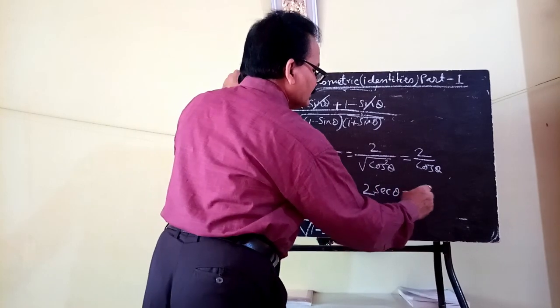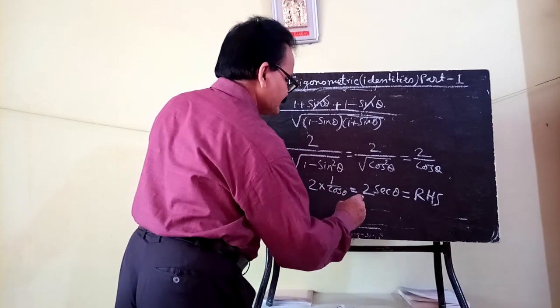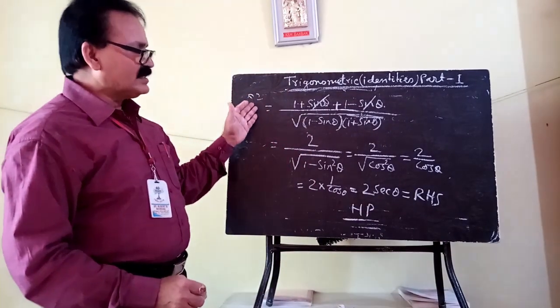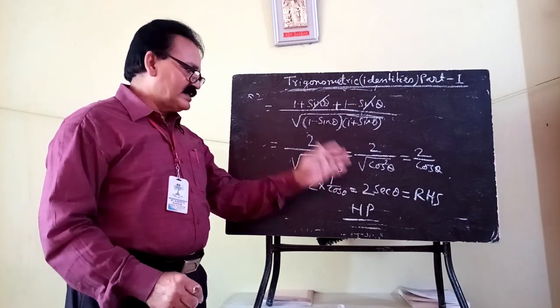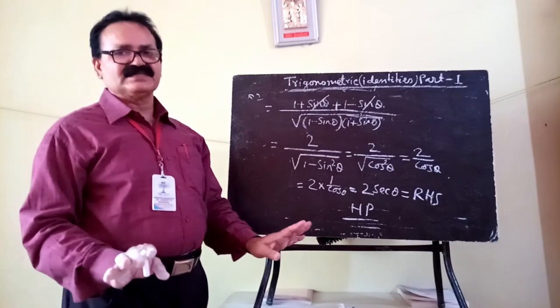That is your RHS. Okay, hence proved. So you have started from LHS and end with your RHS. Hence proved. So this much is sufficient for today.